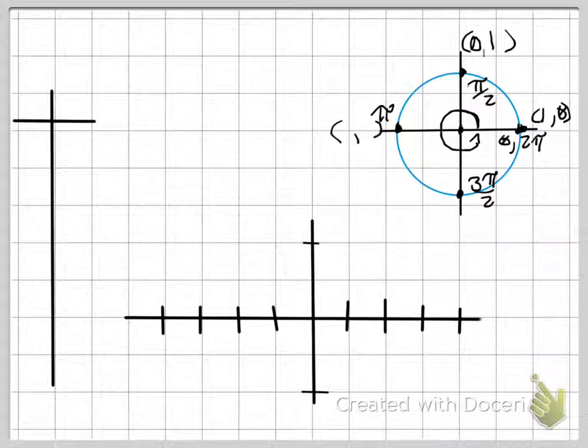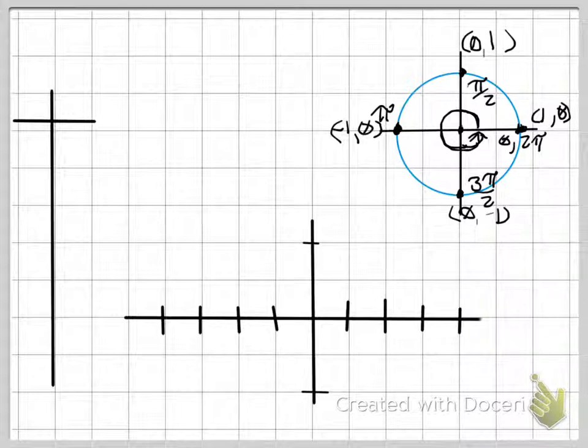Over here, the coordinates for this point is negative 1, 0. Keep going. The coordinates for this point were 0, negative 1. And once again, going all the way back up to 2 pi, those coordinates are the same. And going around and around the circle, these points just repeat.